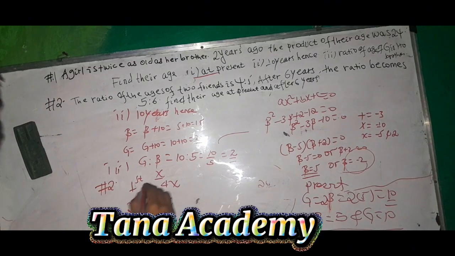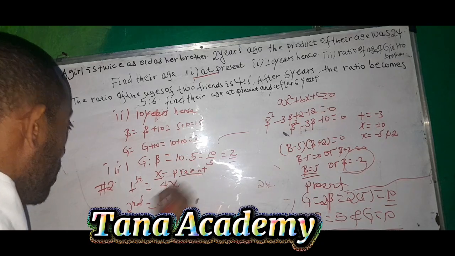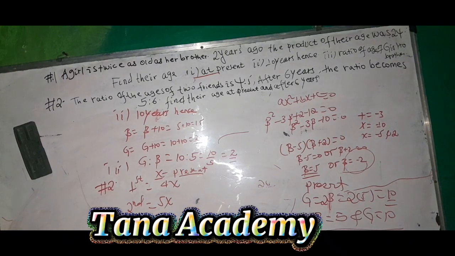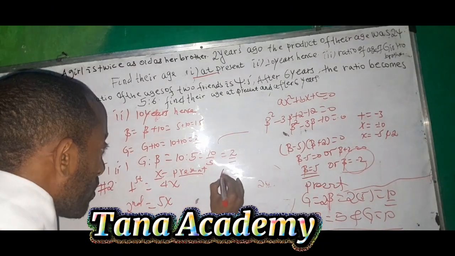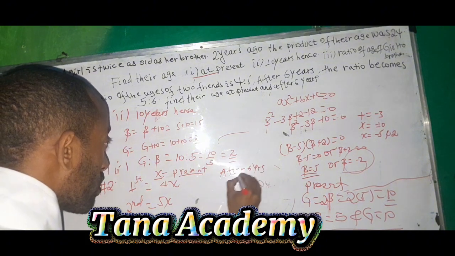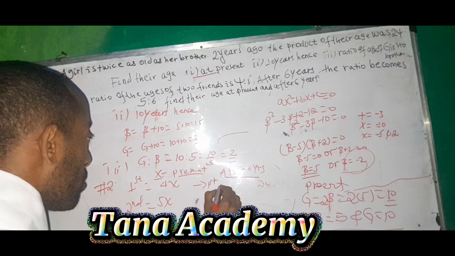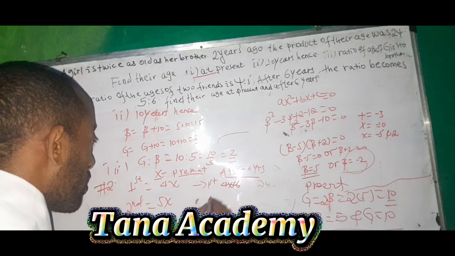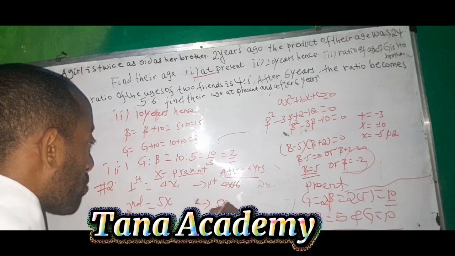After 6 years, the first becomes 4x plus 6 and the second becomes 5x plus 6.